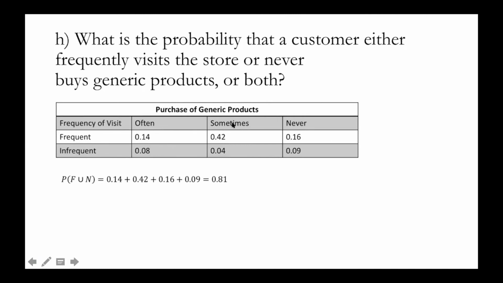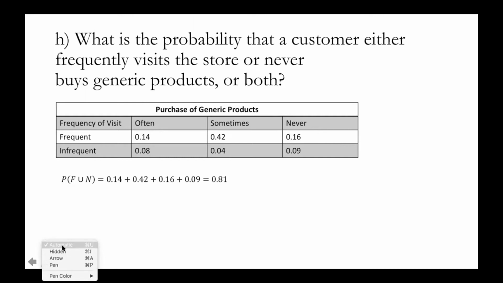So you simply take this number, and sum up with this number and this number, because then you're both a frequent customer and never buying generic products. Because here, to calculate the probability that a customer is both a frequent visitor and buys generic products, you need the whole union of these two events.